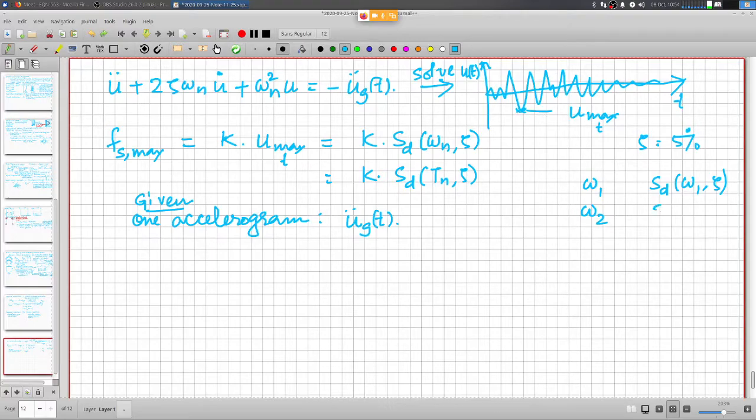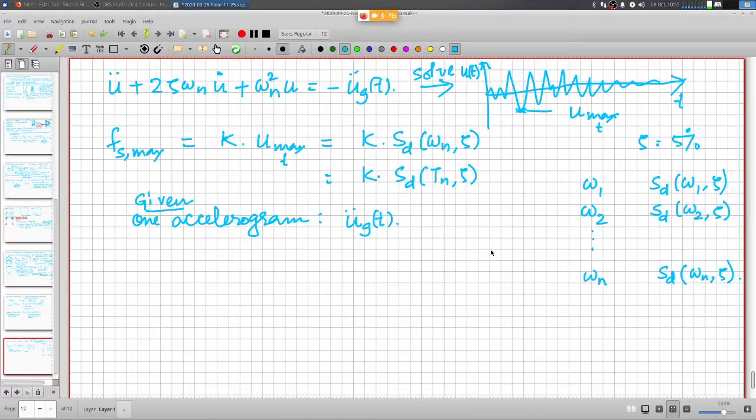That will give you the second point of this spectral displacement curve, omega 2, zeta, and so on. You will keep on doing this for the range of natural frequencies, and at the end you will plot these on the graph, and that is your response spectrum.